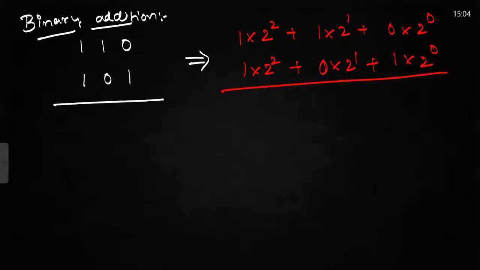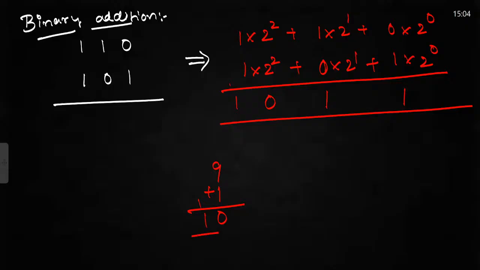Now we need to add this one. So 0 and 1 is 1. 1 and 0 is 1. So 1 and 1 is how much? That will generate sum is 0, carry equal to 1. So now let us understand this one. If I am adding, let us say, 9 plus 1, then I am getting 0 and carry is 1. So that is how we are getting 10, right?